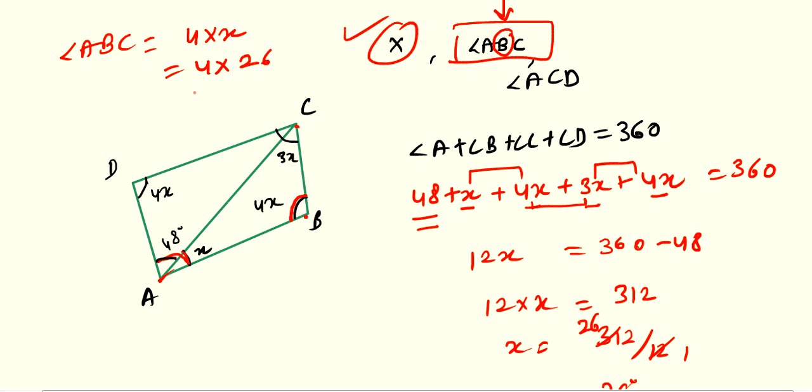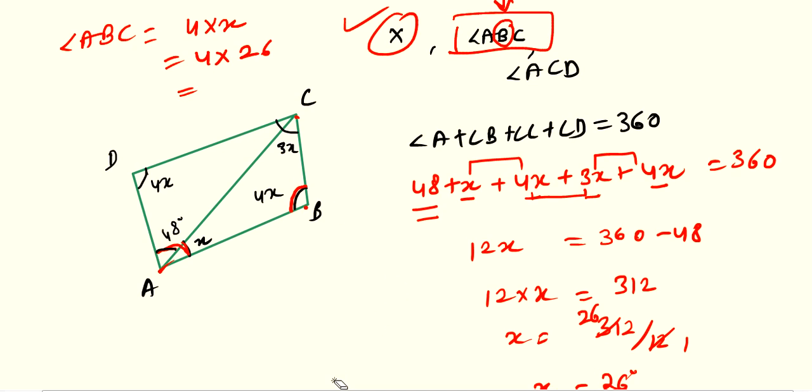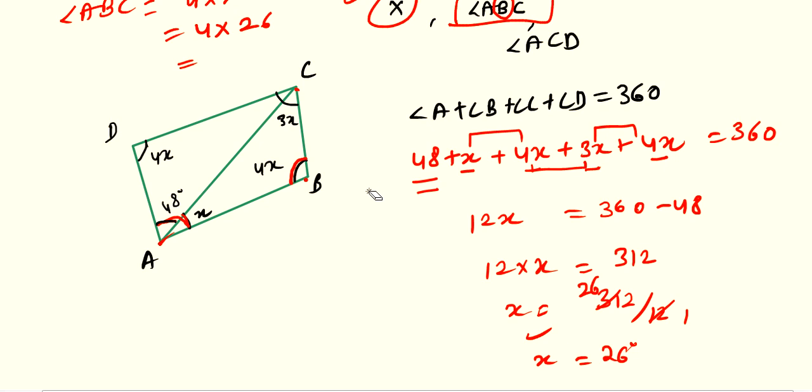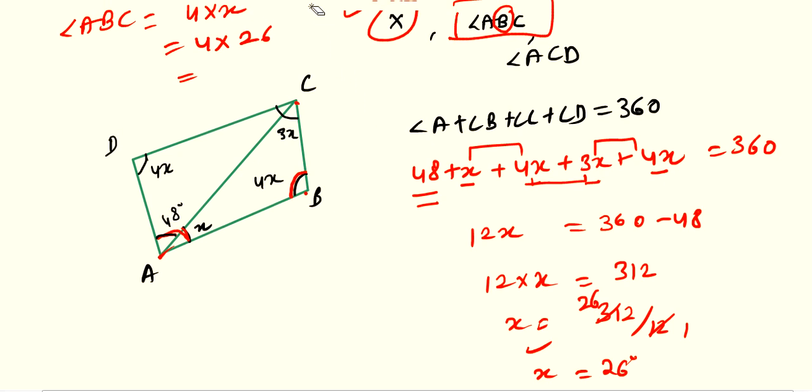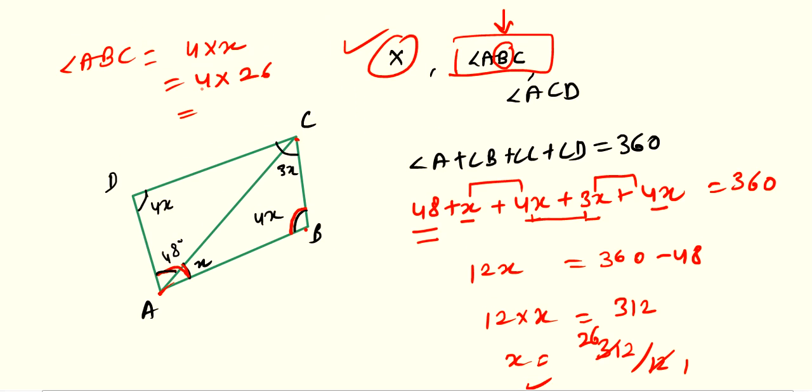Value of x is 26, calculated now. So 4 into 26, 26 into 4, 104 we are getting here. So this is 104. If this is 104, this angle is also 104. Why? Because angle B and angle D are both equal, both are 4x.